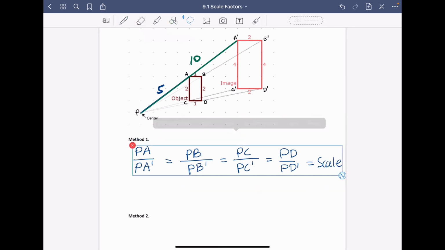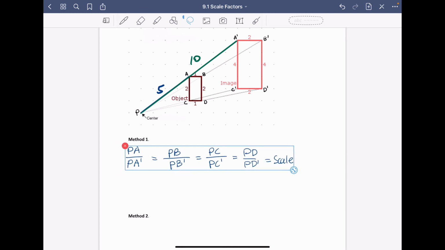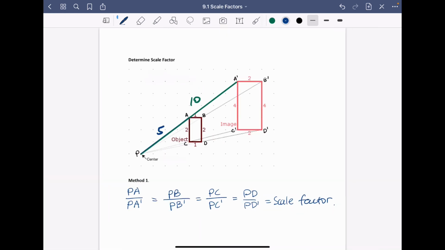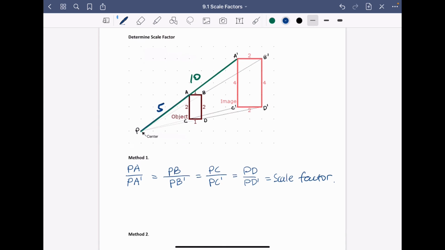All of these will equal the scale factor. Remember we said in the beginning that the corresponding lengths are proportional. Proportional means that the ratio between the lengths are equal to each other.